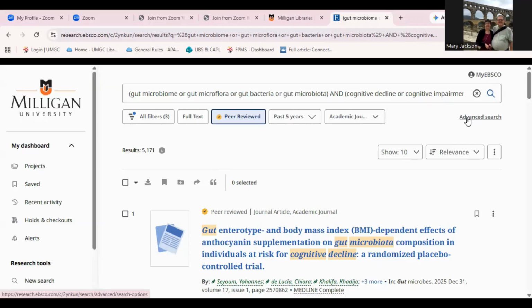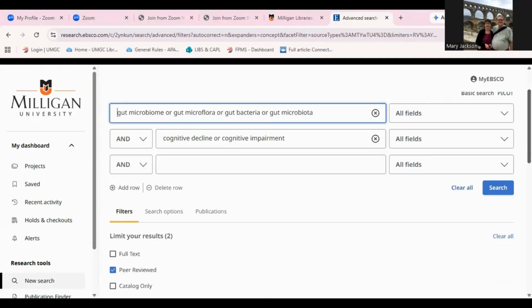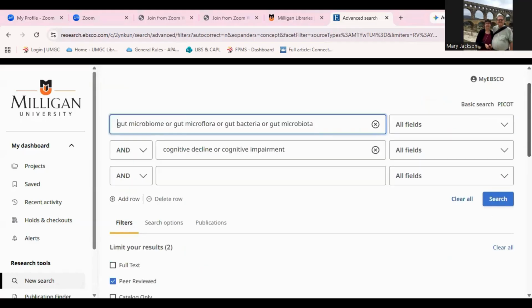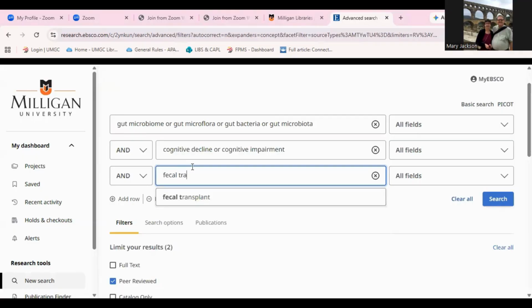Okay, so I'm going to do advanced search again, and it's going to open up my boxes again, and I'm going to figure out what else I want to do with this. So I think I know one of the treatment options that has been widely researched is a fecal transplant, which I find fascinating.